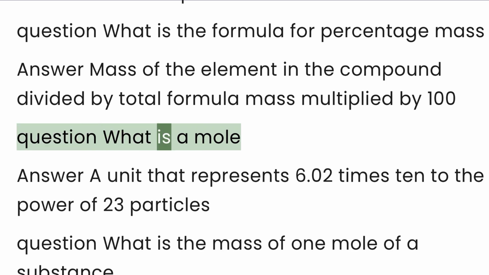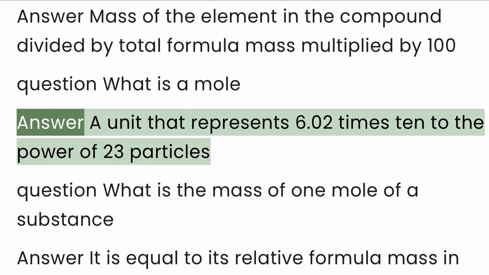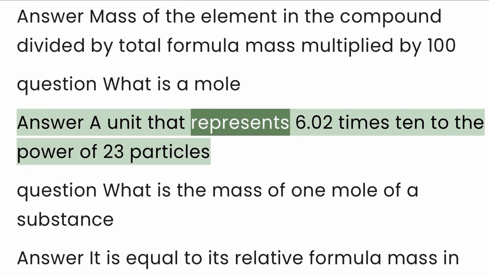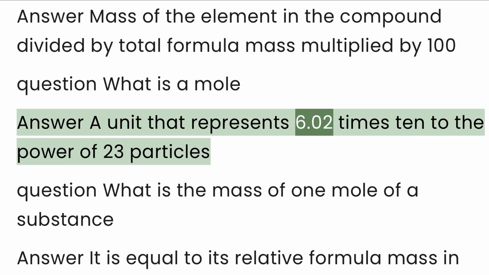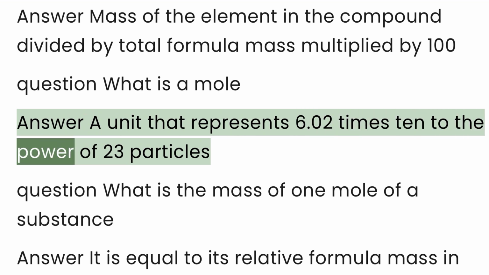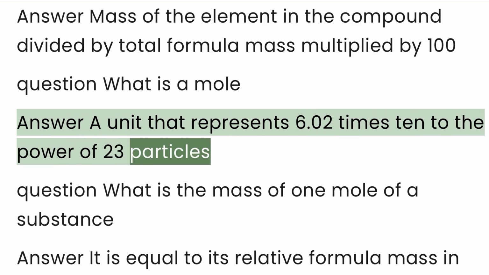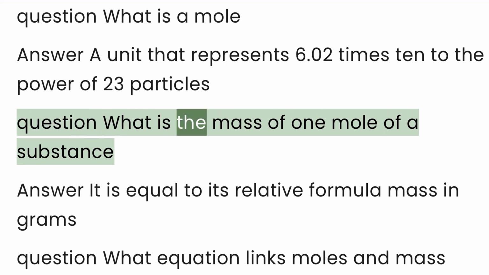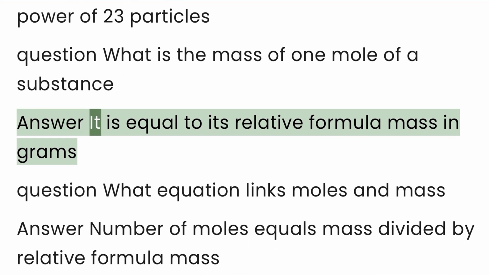Question: what is a mole? Answer: a unit that represents 6.02 times 10 to the power of 23 particles. Question: what is the mass of 1 mole of a substance? Answer: it is equal to its relative formula mass in grams.